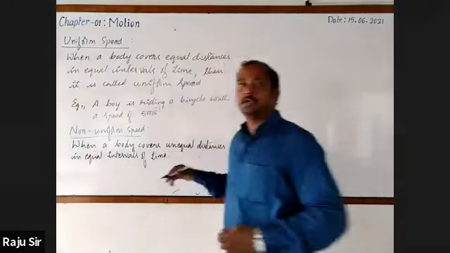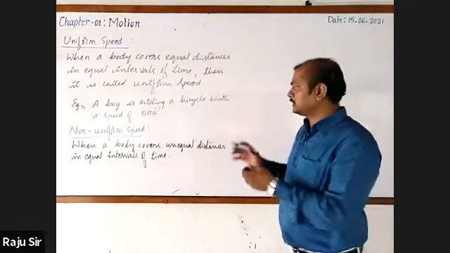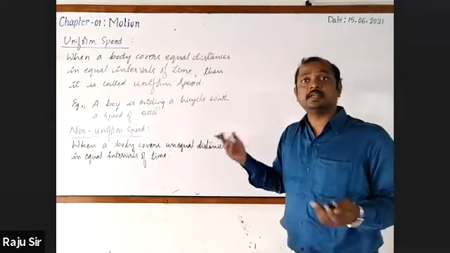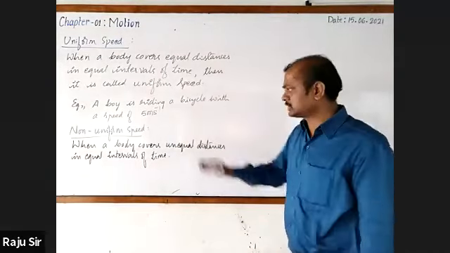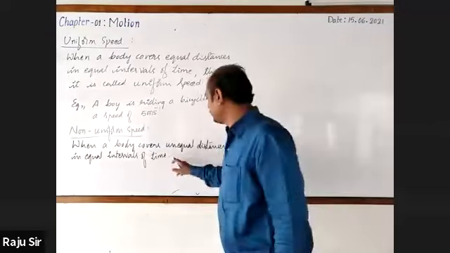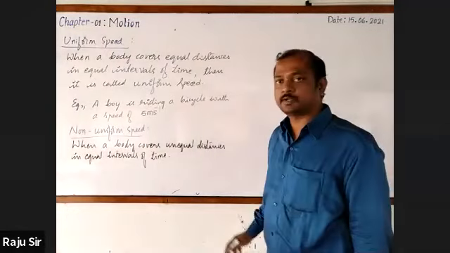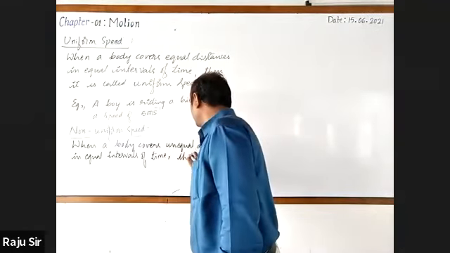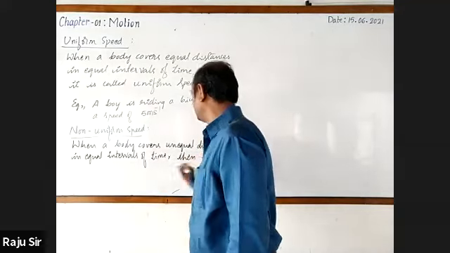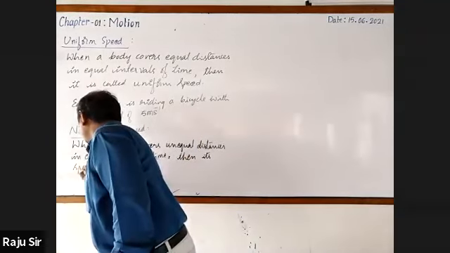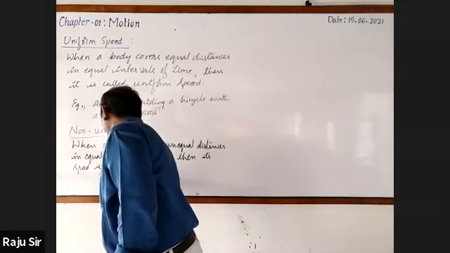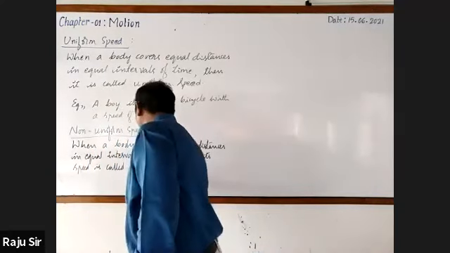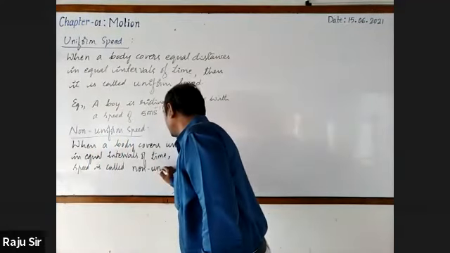Even you may take its reverse order also. When a body covers equal distances in unequal intervals of time, both are same only. When a body covers unequal distances in equal intervals of time, then its speed is called non-uniform speed.